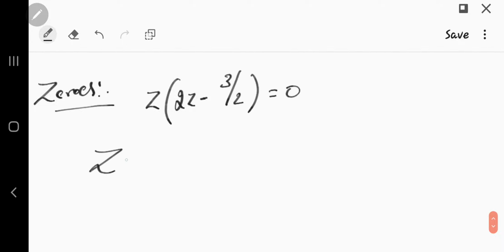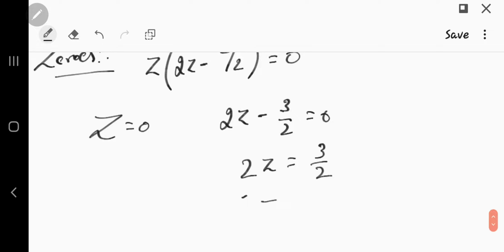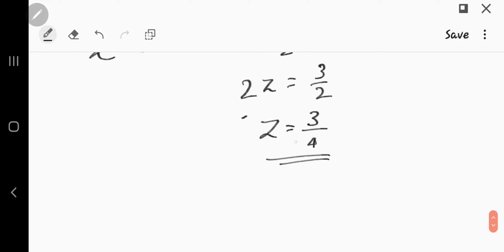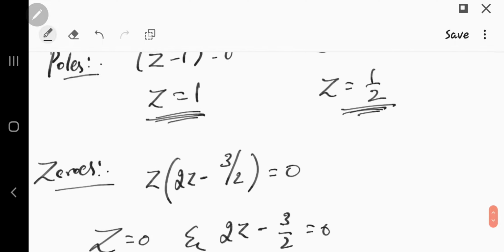If you split that, that is z is equal to 0 and 2z minus 3 by 2 is equal to 0. 2z is equal to 3 by 2, and if I cross multiply, z is equal to 3 by 4. So at z is equal to 3 by 4 and at z is equal to 0, we have the location of zeros, and at z is equal to 1 and at z is equal to 1 by 2, we have poles.